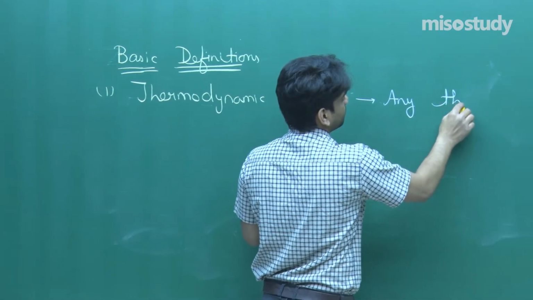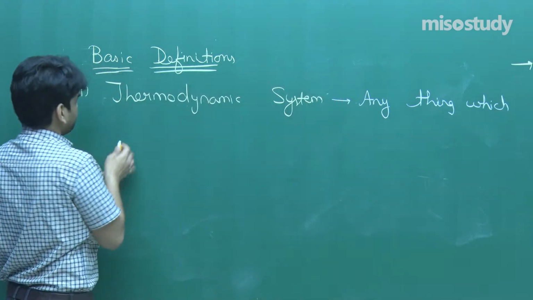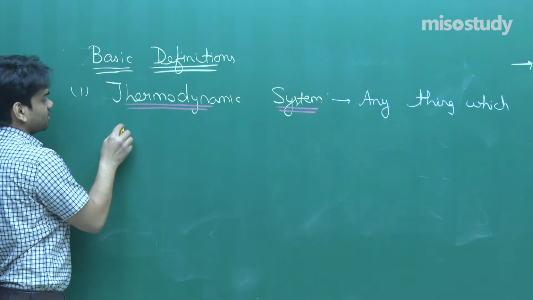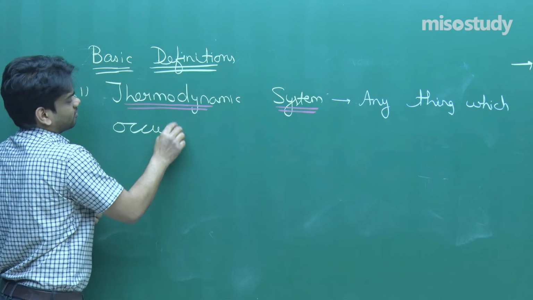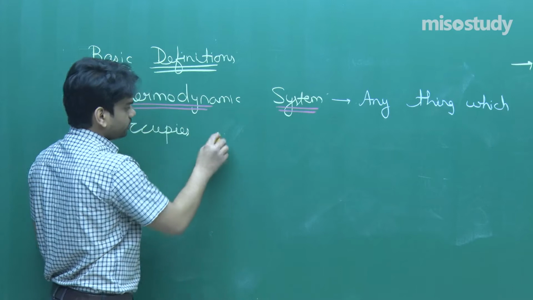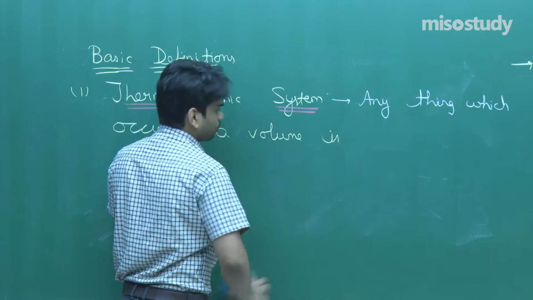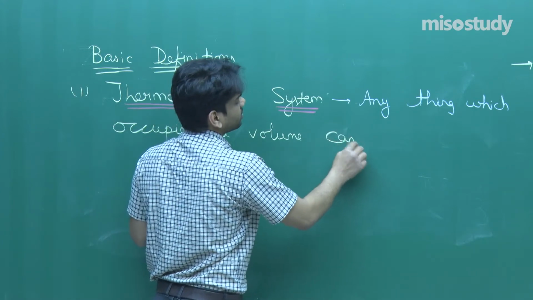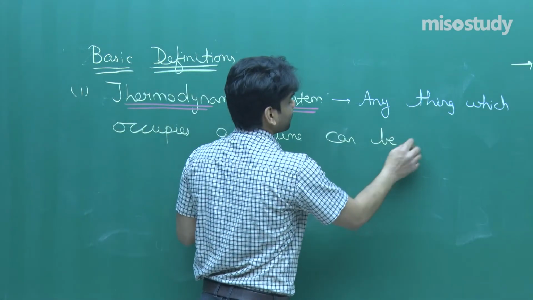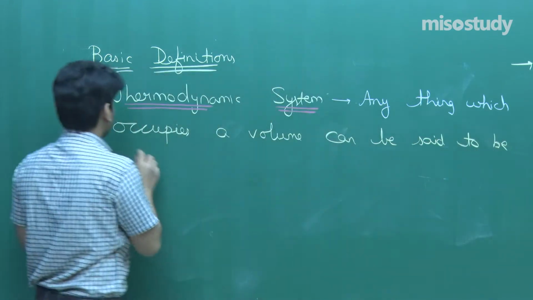Anything which occupies a volume can be said to be a thermodynamic system. Oh, I wrote with white and then I'm writing with yellow. Please do take note, I'm writing with yellow. Can be said to be a thermodynamic system.